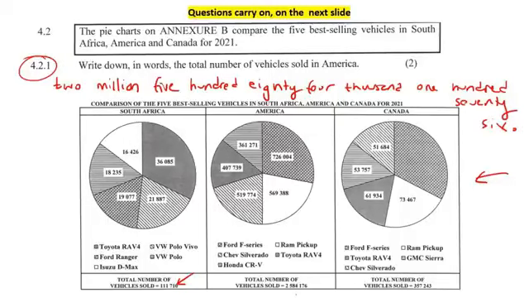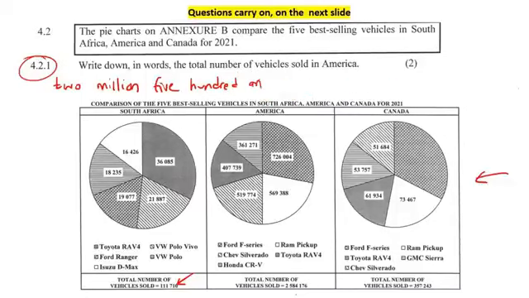Okay, I probably should have added the word and. I knew something sounded a bit weird. 2,584,176.